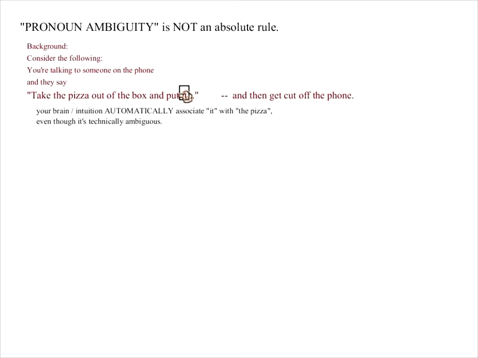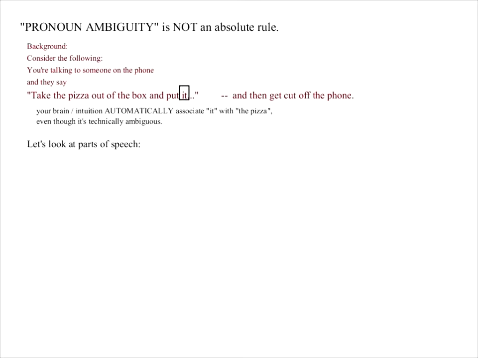Okay, so we're looking at parts of speech. Let's look at parts of speech, and let's do an analysis and see precisely what is going on here. Take the pizza out of the box.